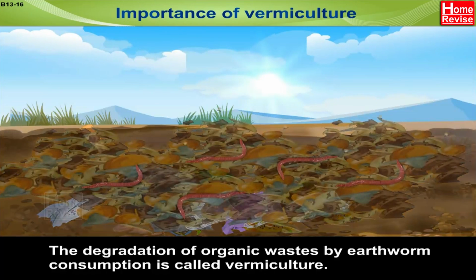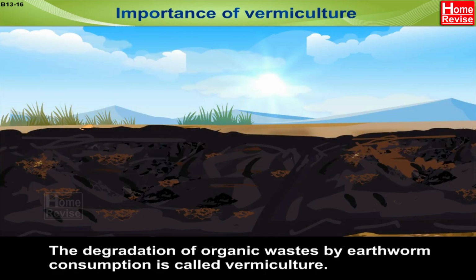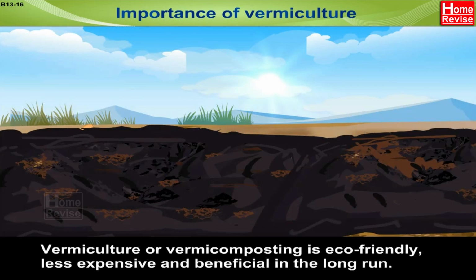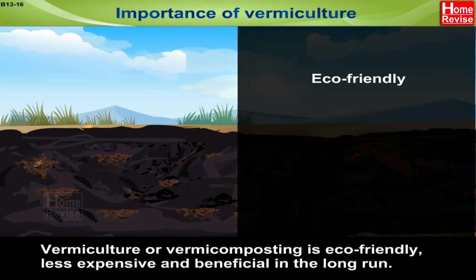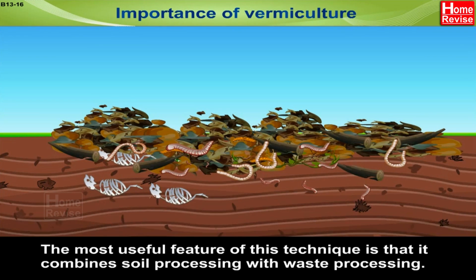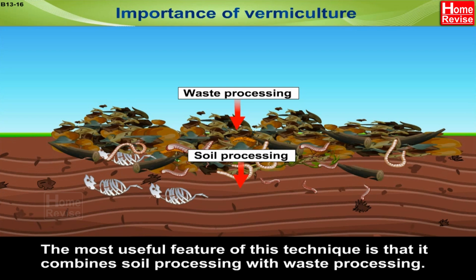The degradation of organic waste by earthworm consumption is called vermiculture. Vermiculture or vermicomposting is eco-friendly, less expensive, and beneficial in the long run. The most useful feature of this technique is that it combines soil processing with waste processing.